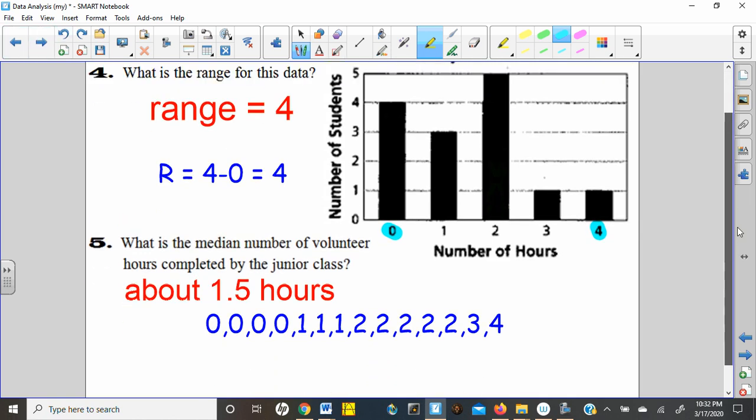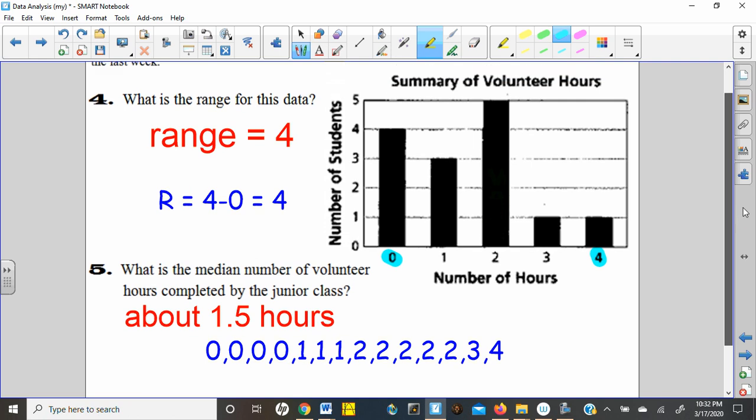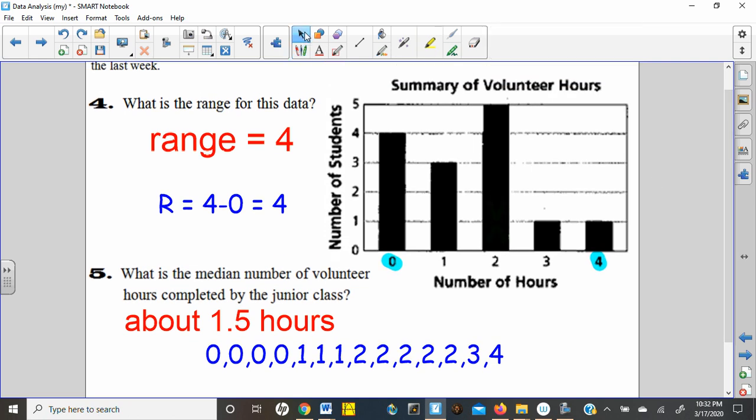Number 5, what is the median number of volunteer hours completed? So once again, you could do the deal where you take 4 zeros and 3 ones and 5 twos and put them all in order. And this time there's 2 middle numbers. There's, I believe, 14 total data points.